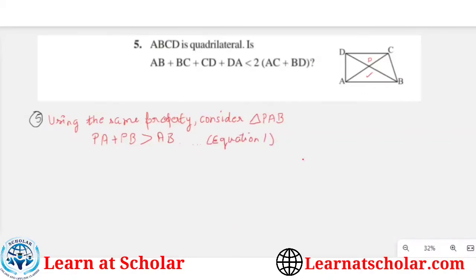This is equation 1. Then consider triangle PBC. PB plus PC is greater than BC. Equation 2.